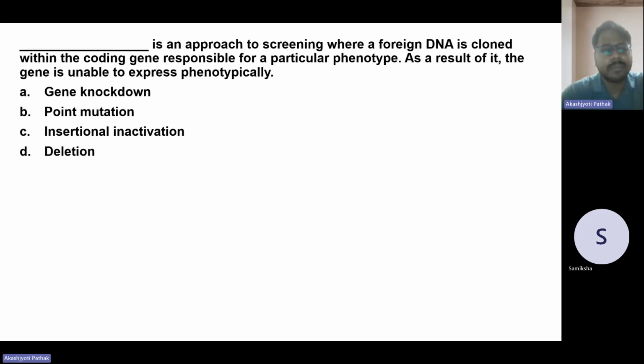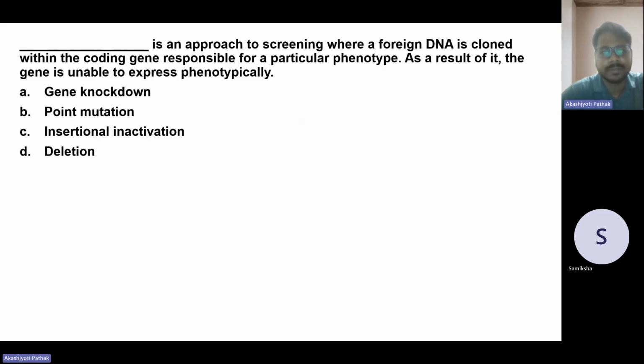So this is an approach to screening where a foreign DNA is cloned within the coding region responsible for a particular phenotype. As a result, the gene is unable to express phenotypically. All these techniques which we have been discussing follow this approach.